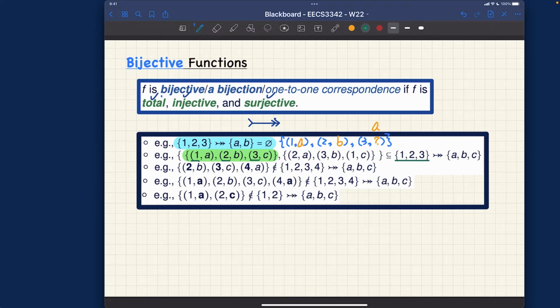Injective: we got unique range values over here, A, B, and C. So the antecedent for that injective property is simply false, so in that case it will be true trivially. Again, A, B, and C are simply unique, so it's injective. What about surjective? We got A here, we got B here, and also we got C over here. In that case, it will be exactly equal to the second set. So that's total, injective, and surjective.